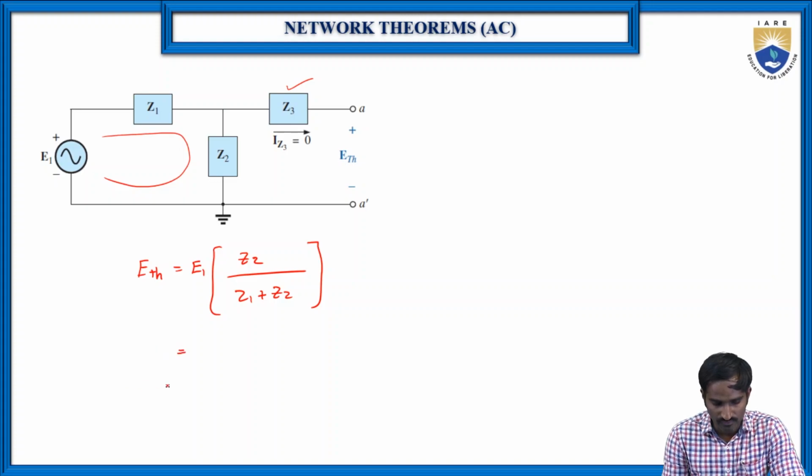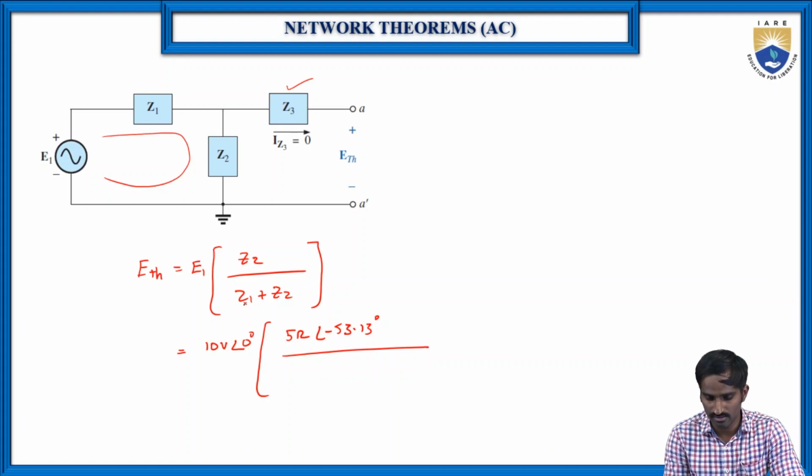Here the value of E is 10 volts at an angle of 0 degrees, into the value of Z2, which is 5 ohms at an angle of minus 53.13 degrees, divided by Z1 plus Z2.